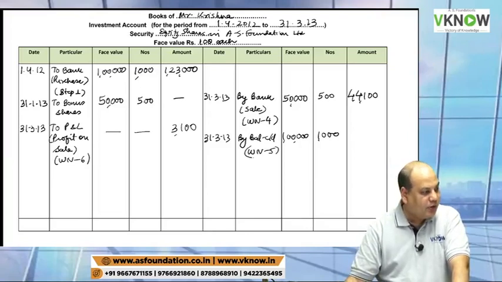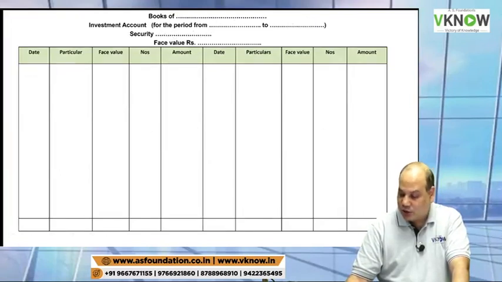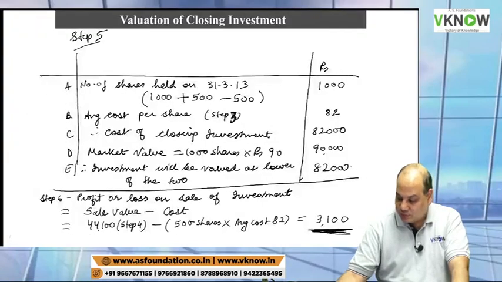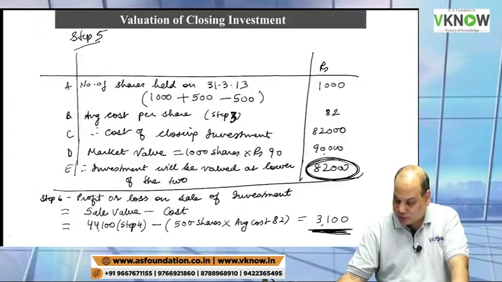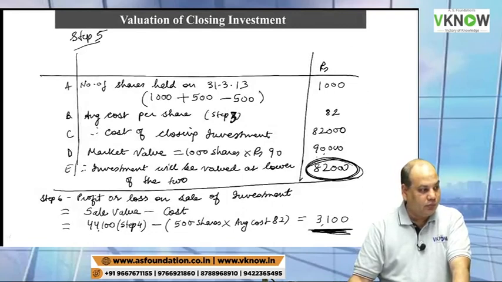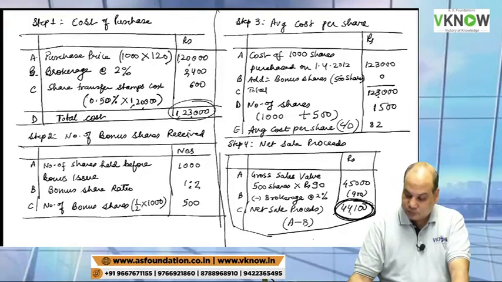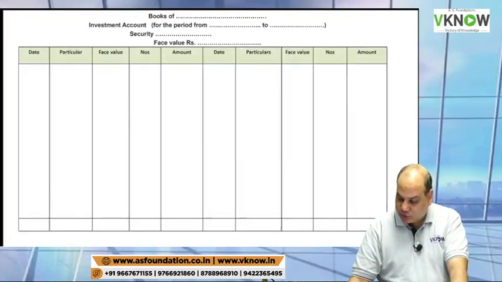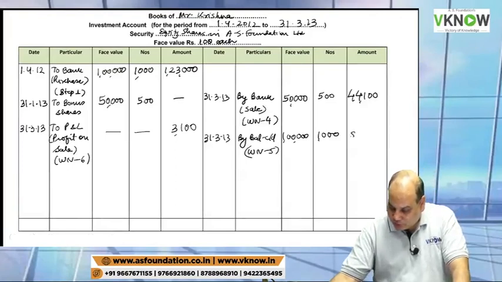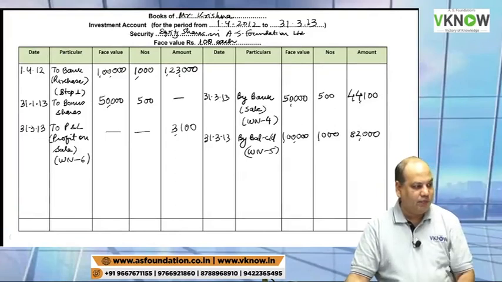Please go to working note 5 and tell me what is the closing stock value on the screen? I'm going to circle that number. 82,000. 82,000 is the value of closing investment.